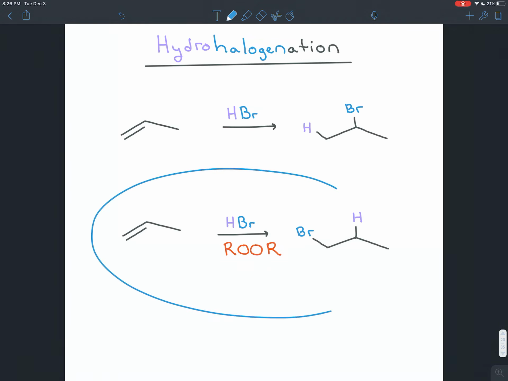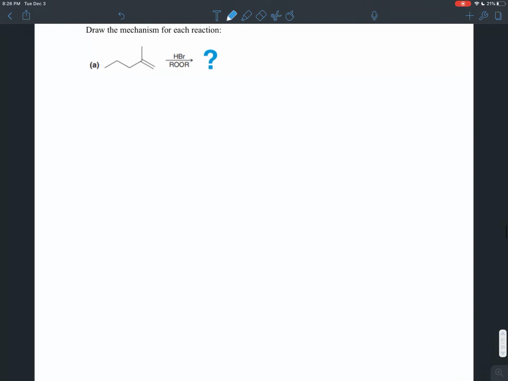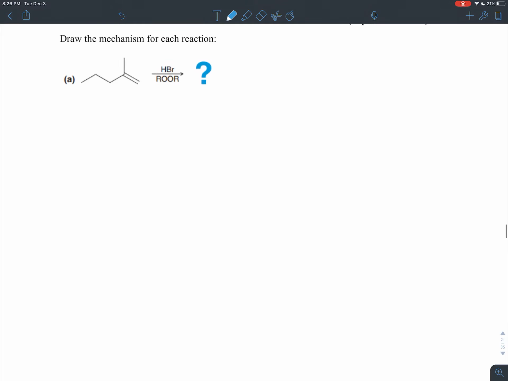So we mentioned at the time to notice this. It's a useful recipe that you can use as a chef, but we didn't give an explanation for why it was anti-Markovnikov addition. The explanation will become clear in this next exercise, where we draw the mechanism for that reaction. You can see we're doing hydrohalogenation in the presence of peroxides, ROOR.